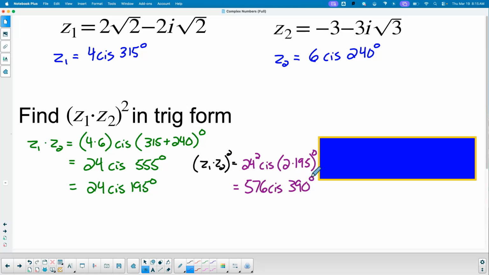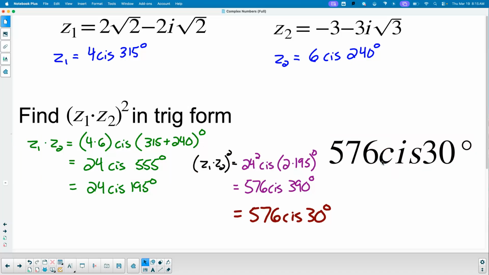Do I like 390? No. So then this would be, oops. This would be 576 cosine I sine of 30 degrees. Agree with that? Just so that we can make sure, yes, we done did it right. Carlos doesn't get to yell at me for this.